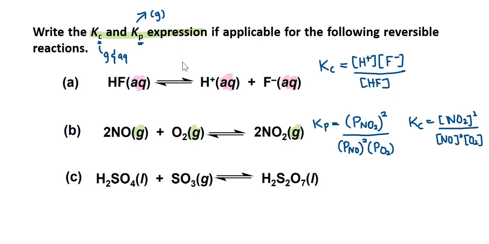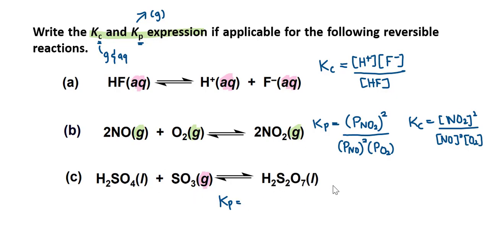For the last equation, we have liquid, gas, and liquid. So only gas will be included in the Kc and the Kp expression. For the Kp expression, we have product over reactants.